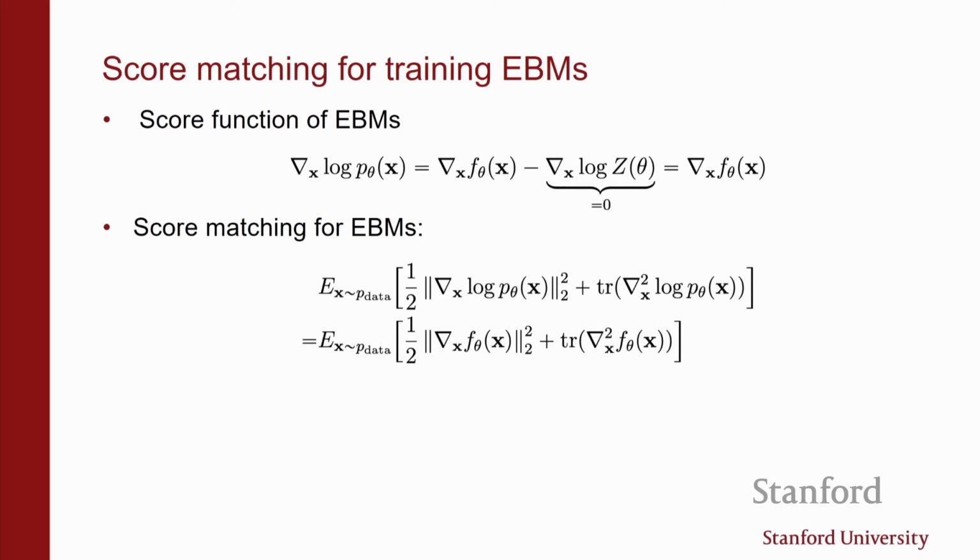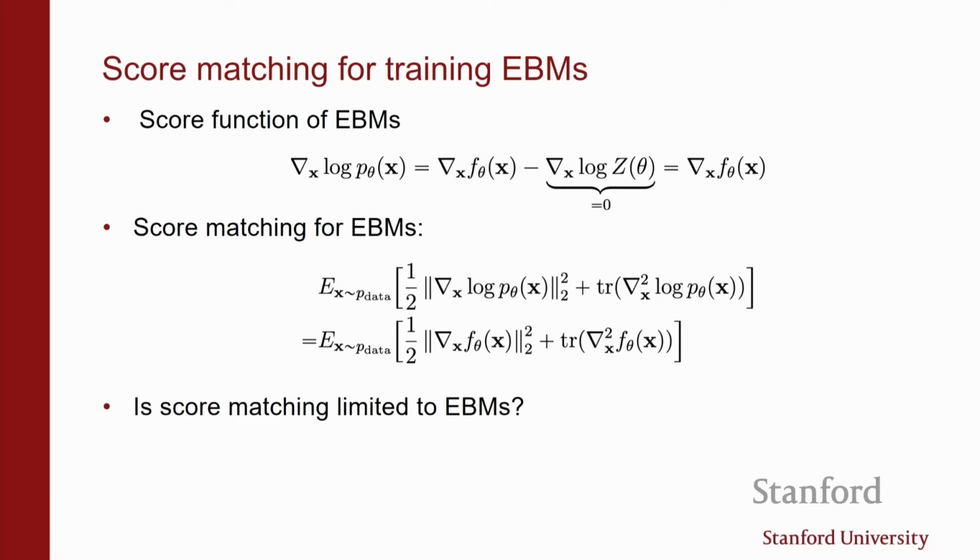And so we have this expression. If you want to do score matching for an energy-based model, you have that loss, which you can in principle optimize and try to minimize as a function of theta. Now you might wonder, can we only do score matching for EBMs?